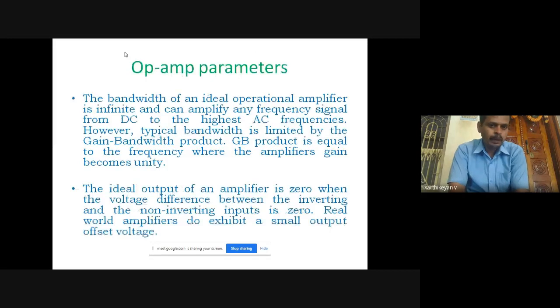And the fourth parameter is the bandwidth. The bandwidth of the ideal operational amplifier is infinite and can amplify any frequency signal from DC to the highest AC frequencies. Fifth one, the ideal output of an amplifier is zero when the voltage difference between inverting and non-inverting inputs is zero.